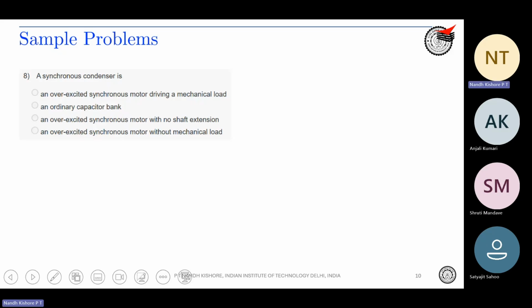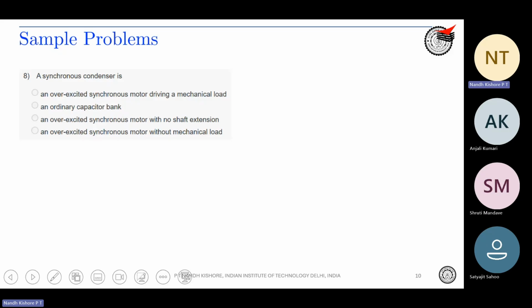Okay, a synchronous condenser is dash. What is a synchronous condenser? An overexcited synchronous motor driving a mechanical load, an ordinary capacitor bank, an overexcited synchronous motor with no shaft extension, or an overexcited synchronous motor without mechanical load.